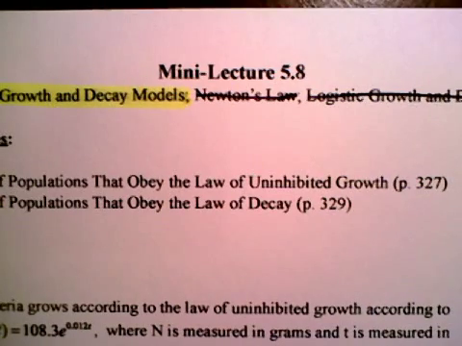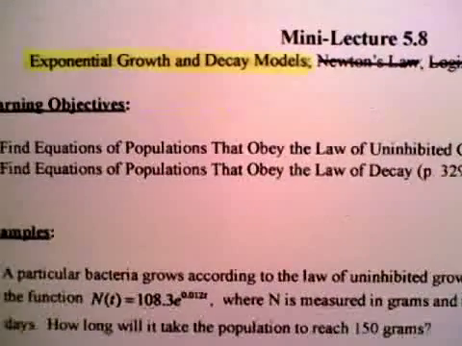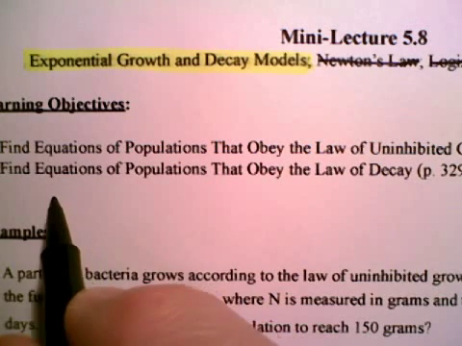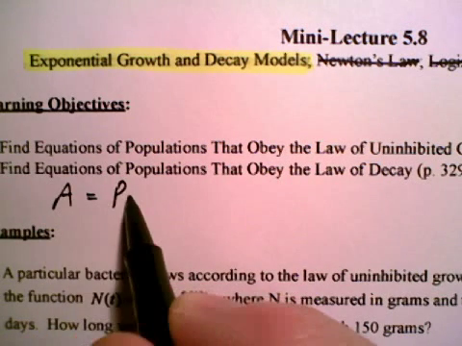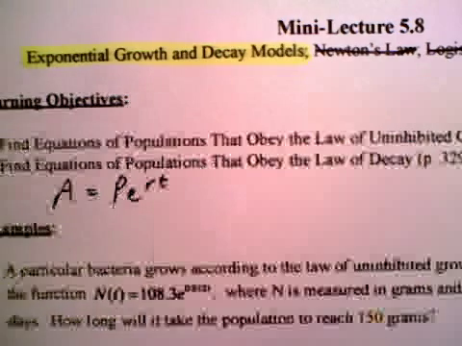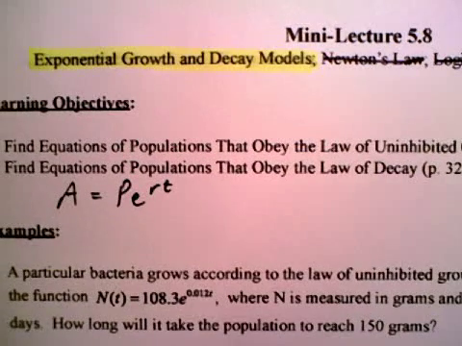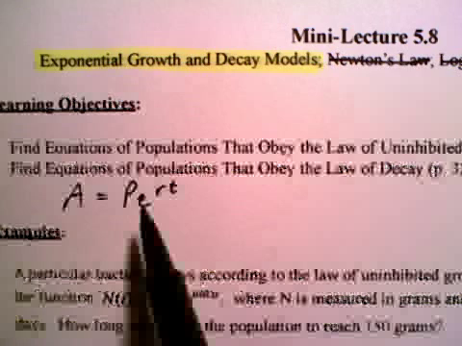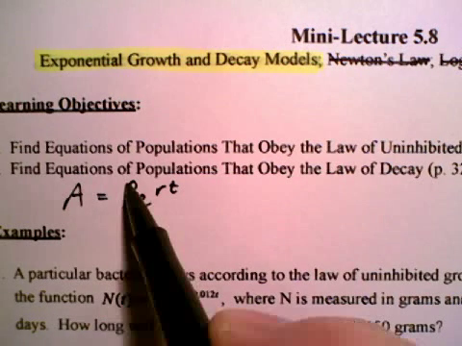Basically we have exponential growth and decay, and the main thing I want to point out is that in the last section we had A equals P e to the r t, and that was compound interest, where you deposit money in a bank account and you get interest compounded continuously. Remember Pert shampoo?